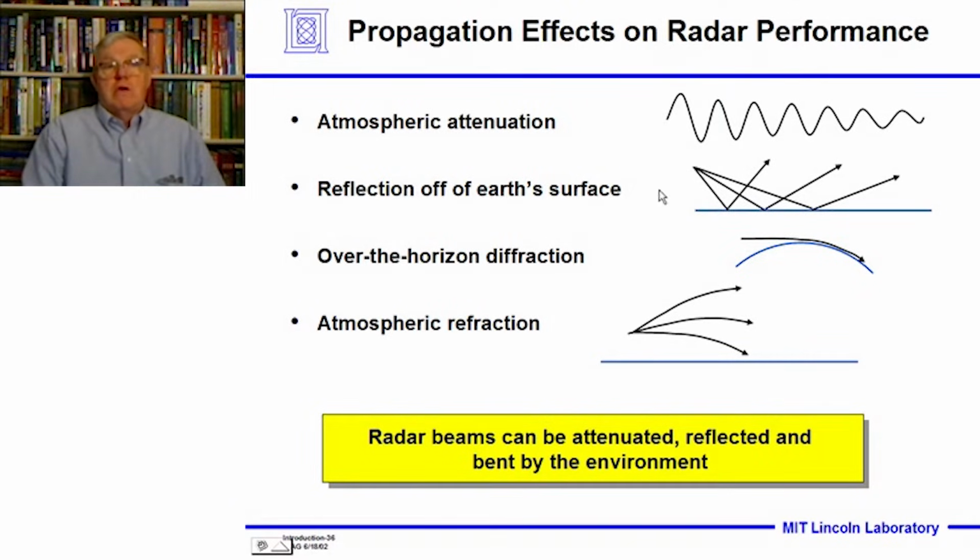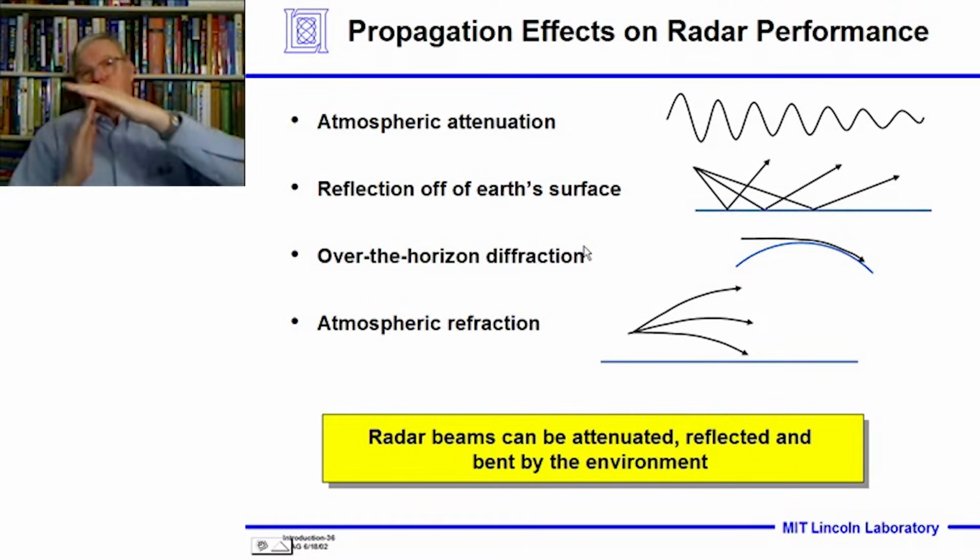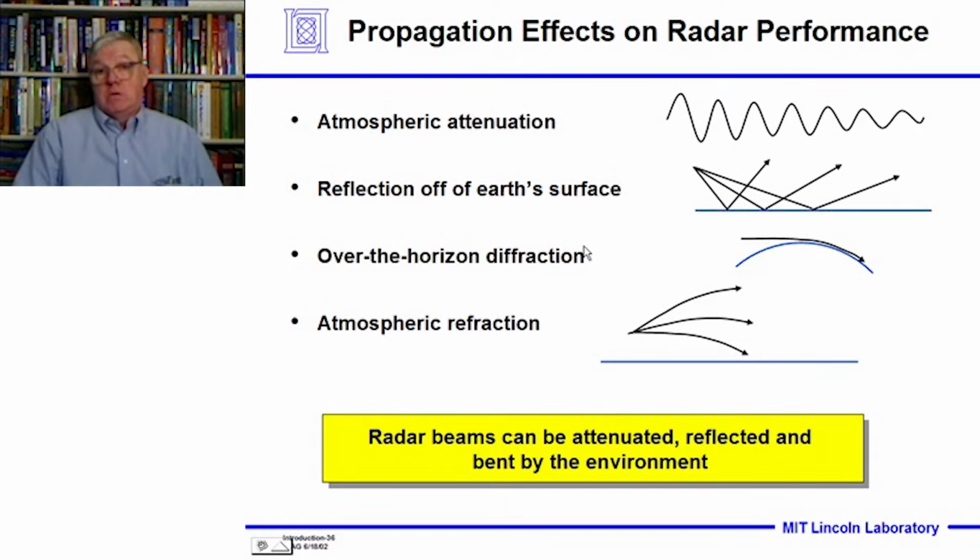So reflection off the Earth's surface is important. And depending upon the characteristics of the atmosphere, the radar and the ground and the edges that the wave goes around, you can have bending of the beam, and the beam can bend over at low frequencies over the horizon that your eye would just see over straight line propagation.